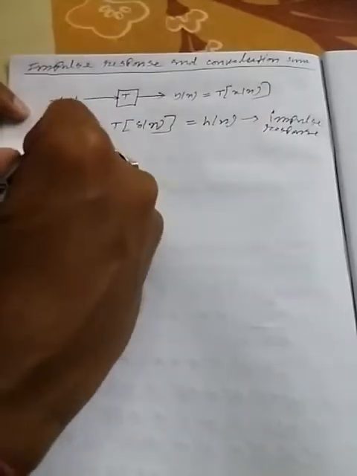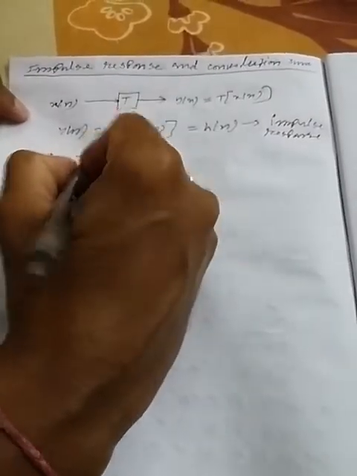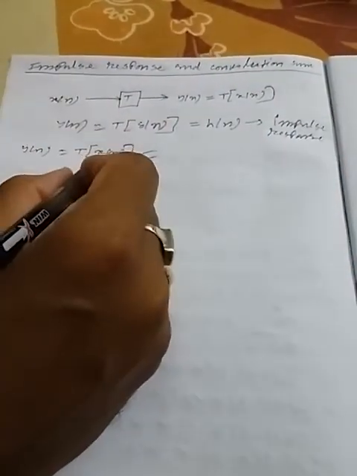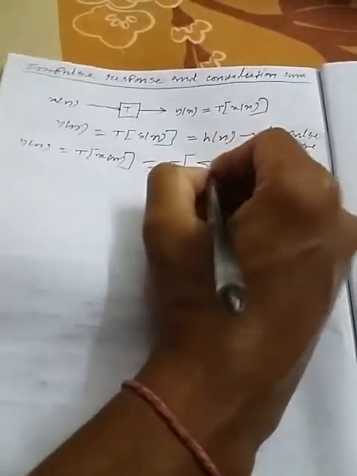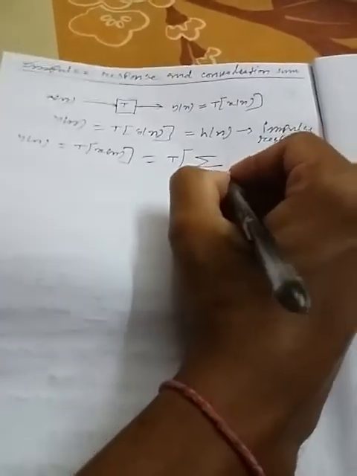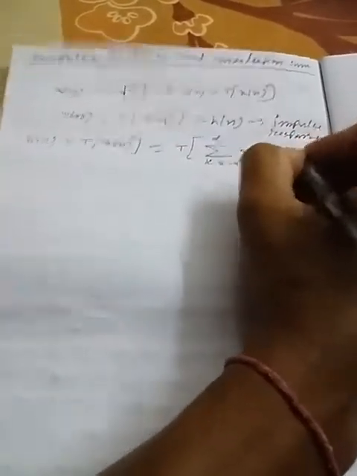Now we know, if the input of the system is x[n], then output y[n] can be represented by transformation of x[n], right? Now again x[n] can be represented by this summation, k equal to minus infinity to infinity, x[k] into delta[n minus k].